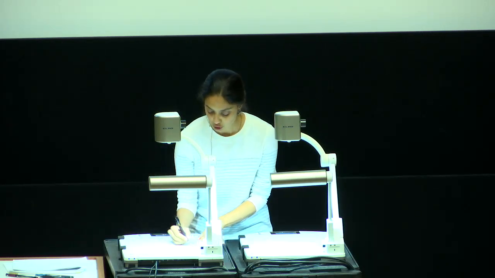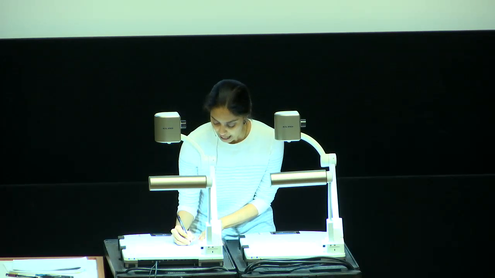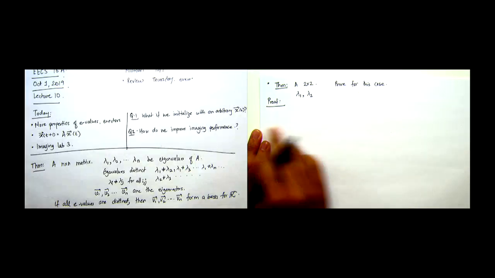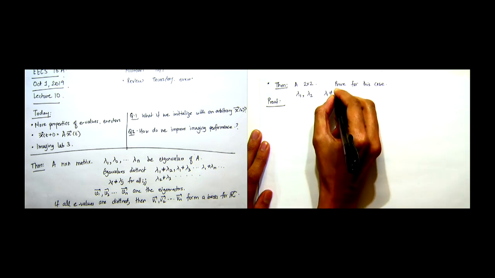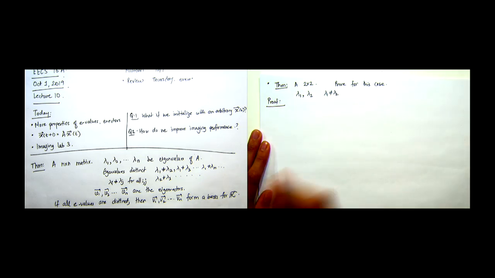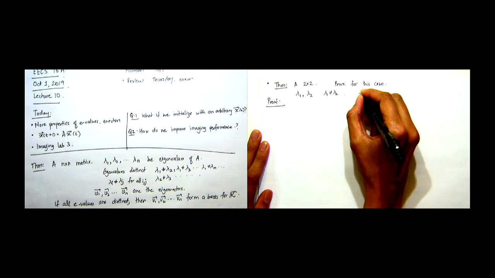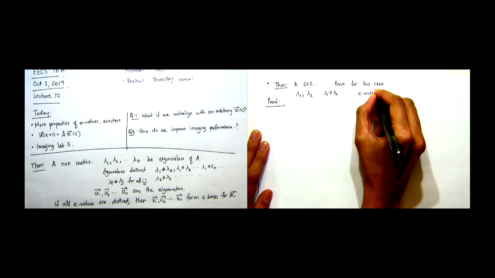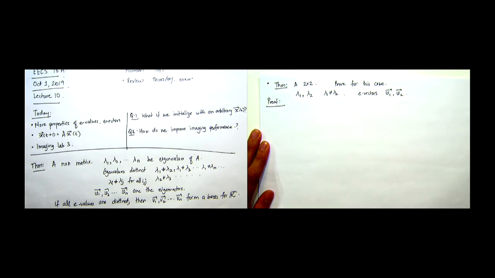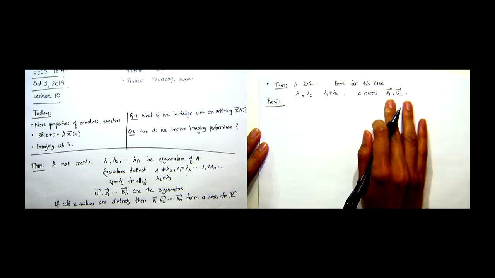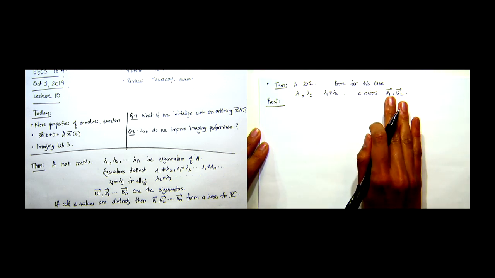So A is 2x2, and so I have eigenvalues, lambda 1 and lambda 2. And what do I know about lambda 1, lambda 2? They're not equal to each other. And I have eigenvectors, v1 and v2. And I want to show that v1, v2 form a basis for R2.